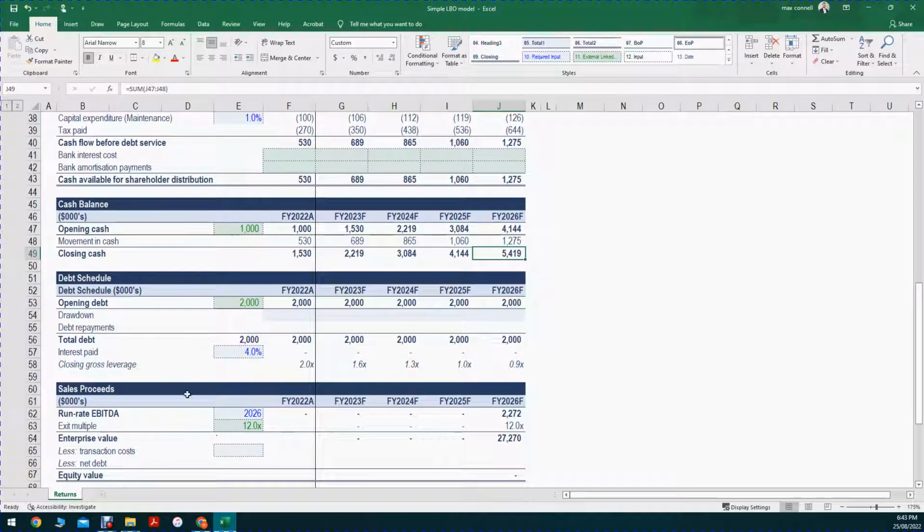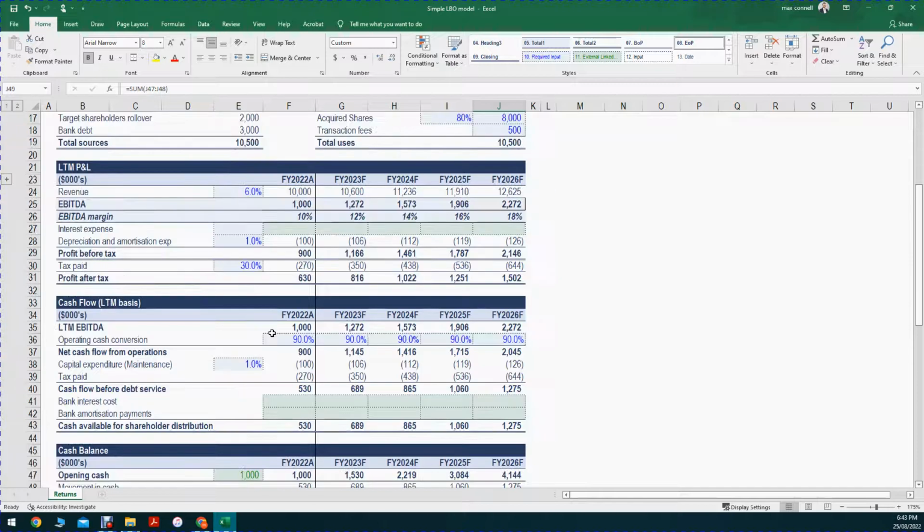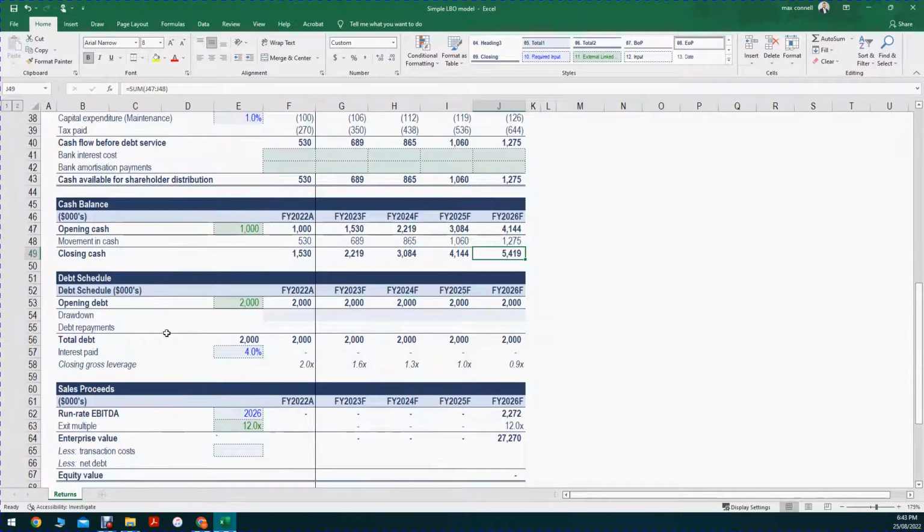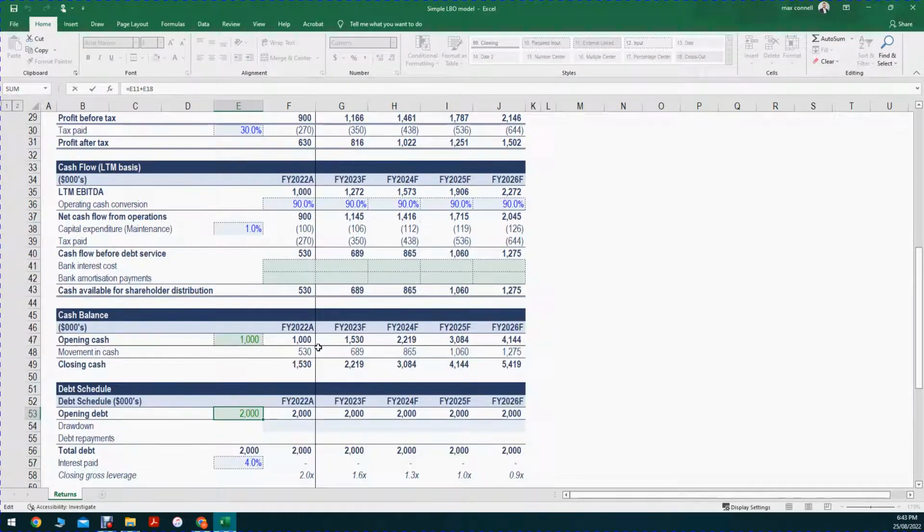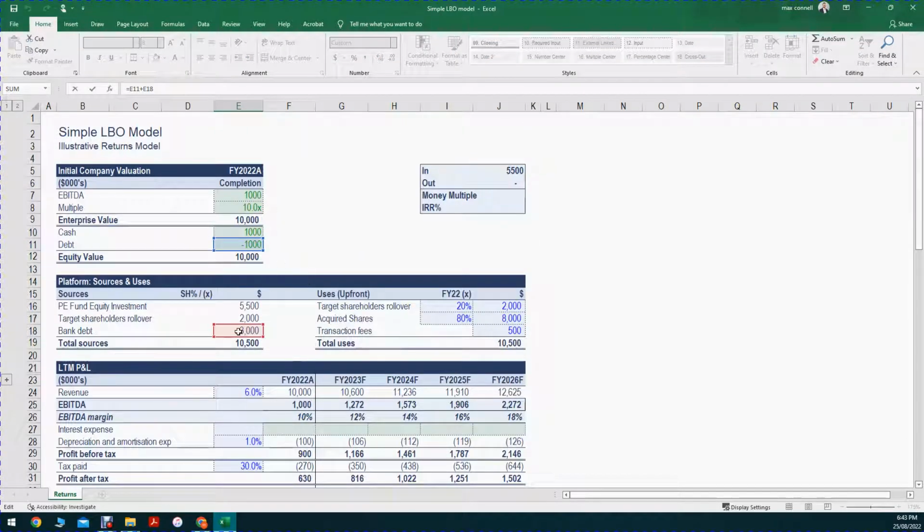We need to figure out debt schedule, and we also need to revisit some of the areas at the top because we're relying on the interest calculation here. So the first thing is opening debt of 2,000. So I might just correct this formula here so that it's consistent. We'll do a positive number here, and then we will essentially change this formula so it goes that plus that, and then minus that.